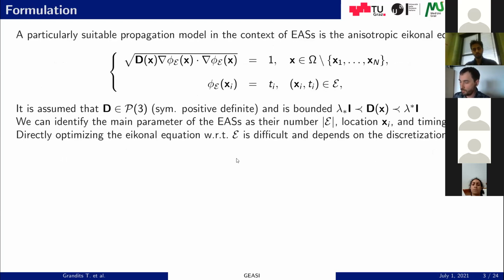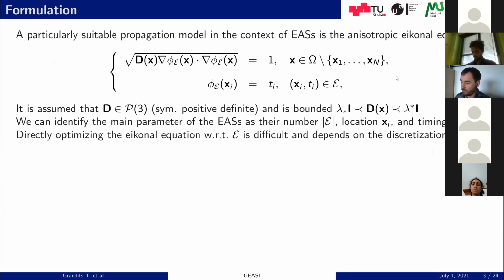Like I said, we use the anisotropic eikonal model. You compute, from the conduction velocity tensor D, the activation times on the whole cardiac model phi E, and it's given by this PDE.